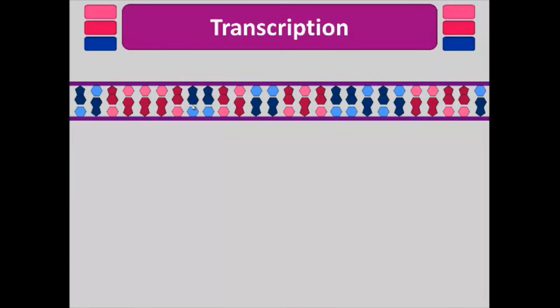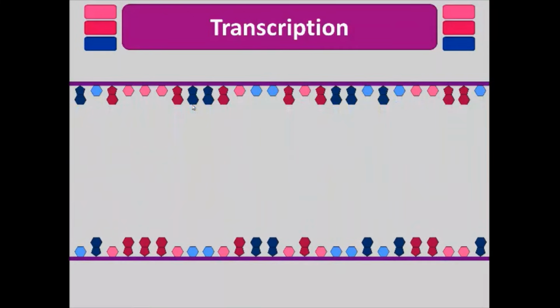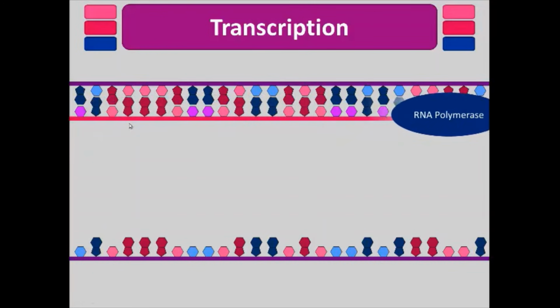Transcription is the process of creating a short single-stranded copy of a small region of the DNA. It also starts with splitting the DNA, but in transcription, only one of the DNA strands is copied. The protein that creates the RNA copy is called RNA polymerase because it polymerizes individual ribonucleotides into an RNA molecule.